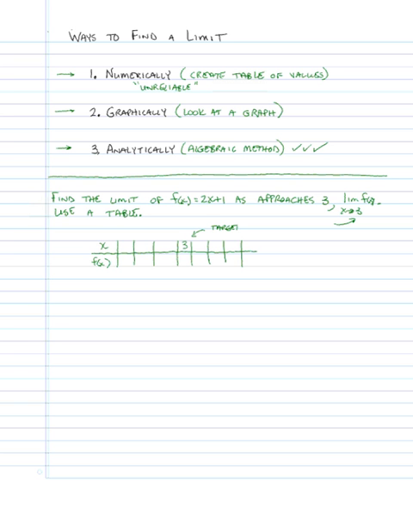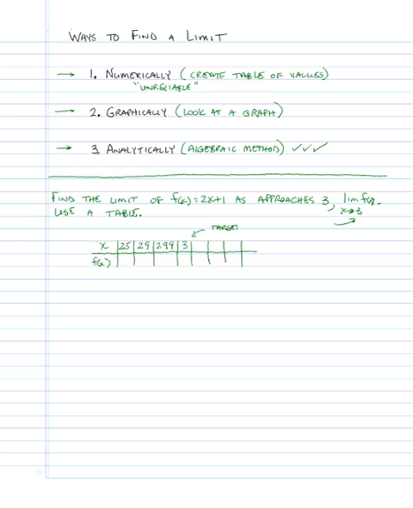And the whole idea is we're going to choose x's that are smaller than 3, but getting close to 3, and we're also going to choose x's that are larger than 3, but getting closer to 3. And so, for instance, I might start out with an x value of, let's say, 2.5. Okay, well, that's not 3, but as I get closer to 3, I might choose an x value of 2.9, for instance. And then I might choose, again, an x value of 2.99.